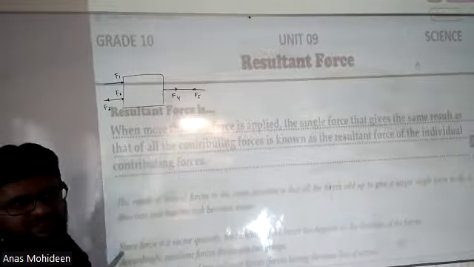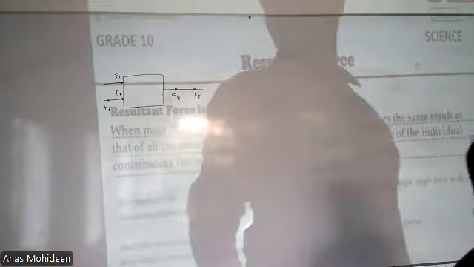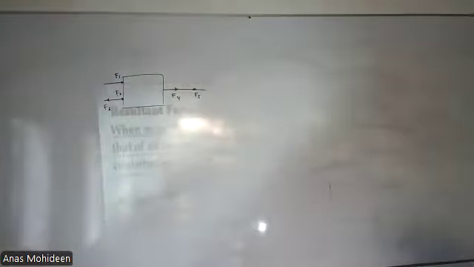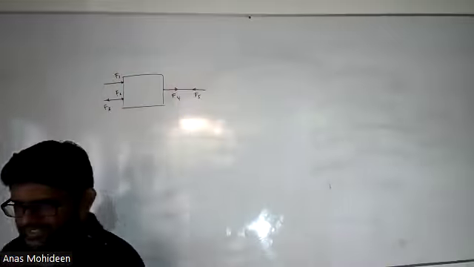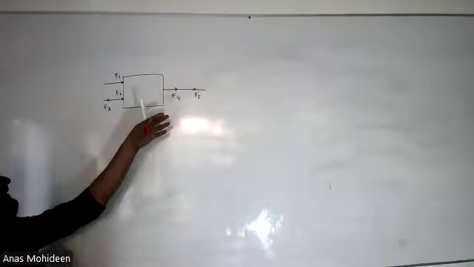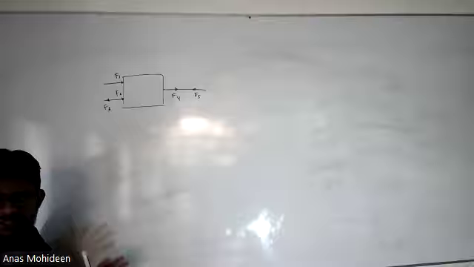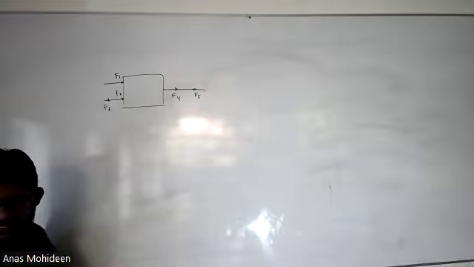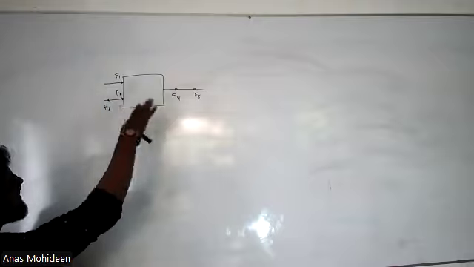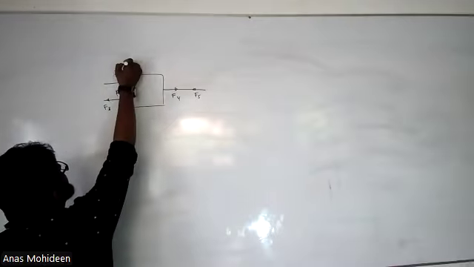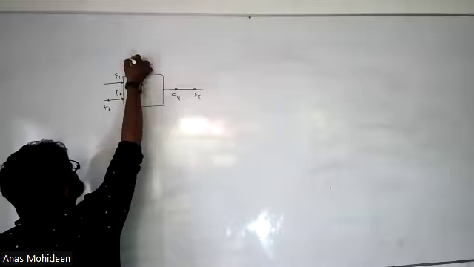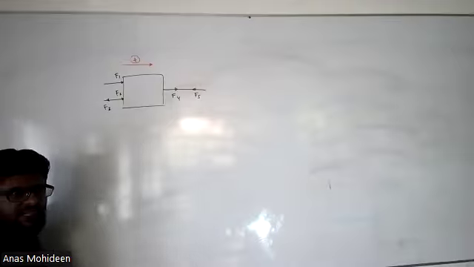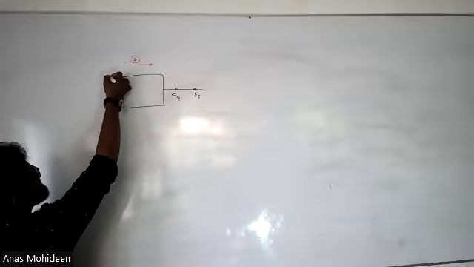Five forces I have taken on this object. All five forces here have different directions. Can you see? Not the same direction. The length of the line shows you the magnitude. The arrowhead shows you the direction. And you see, different forces are there. Let me consider my direction here as plus. This is my positive direction. Look at this. In that case, F1 should be plus.